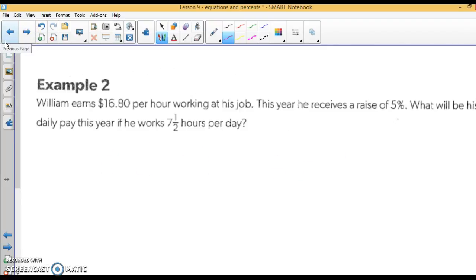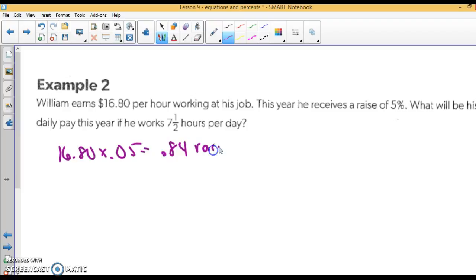Okay, William earns $16.80 per hour working at his job. This year he receives a raise of 5%. What will his daily pay be this year if he works 7.5 hours a day? Well, we're going to do this two ways. We could do 5% of 16.80, which is 84 cents.